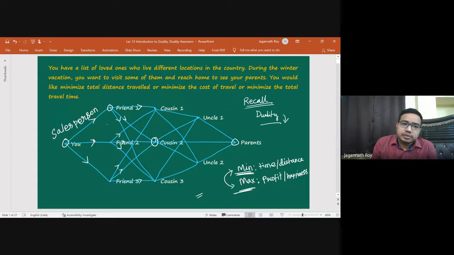The same problem can be treated as a minimization problem, or if we change the situation, it can be treated as a maximization problem. That was what we saw in the last class.